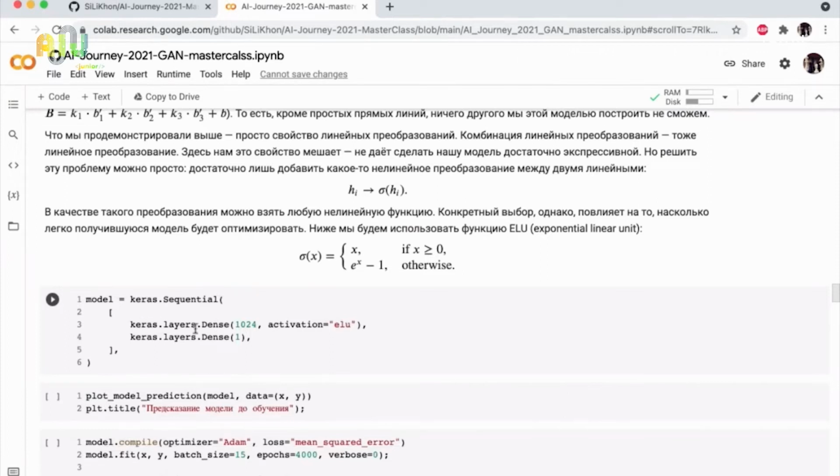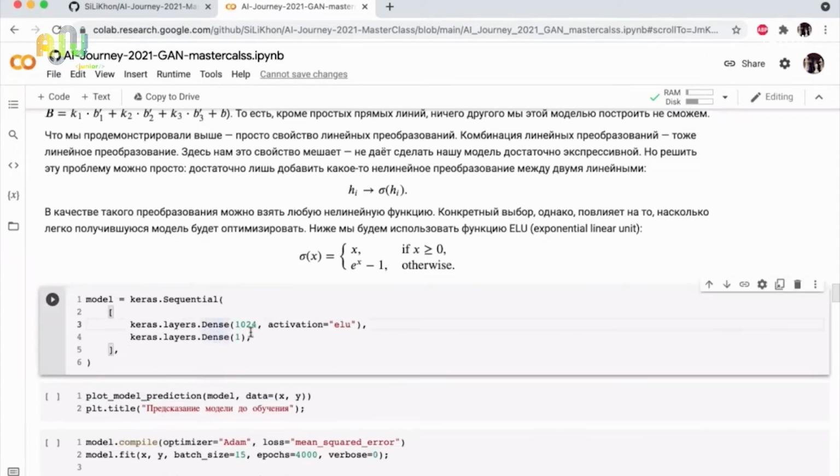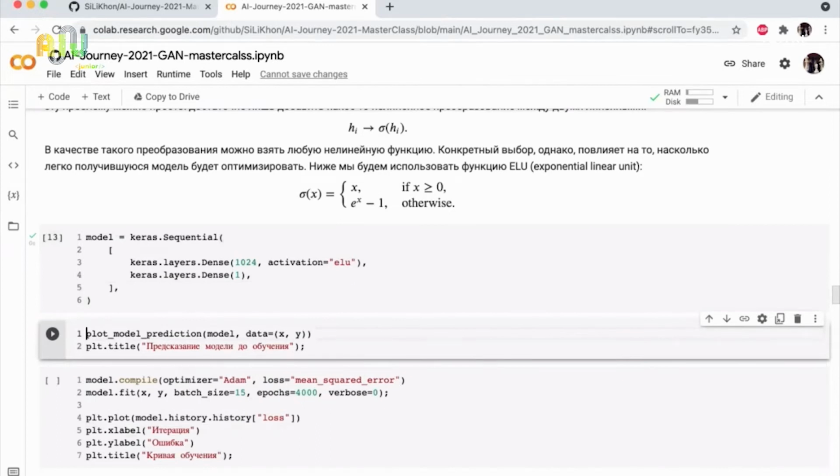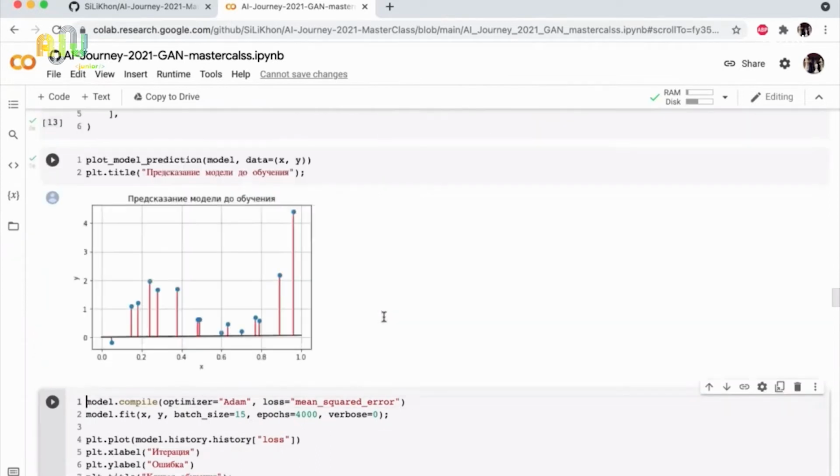I will not describe the way it looks, but instead of having it as a separate step, framework creators do it so that you can add this nonlinear function to a layer, and then it appears automatically there. Let me assemble the model. Let's have a look at the predictions.